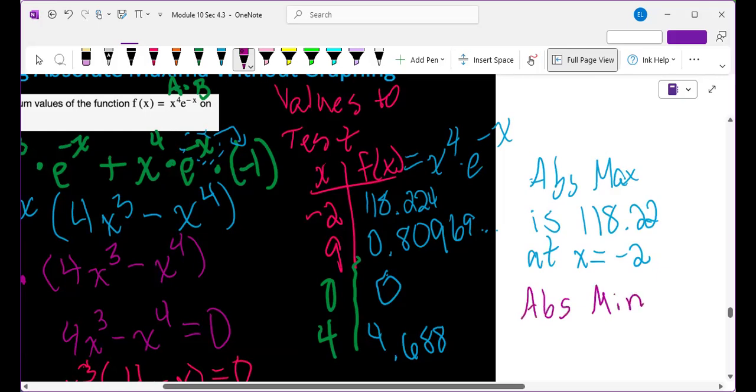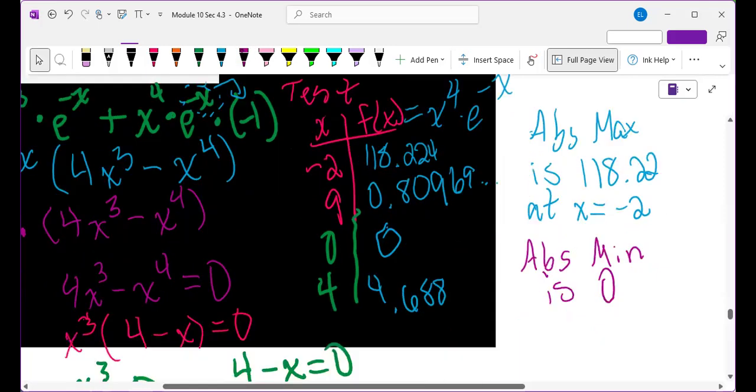Now what about our absolute min? Yep. So our lowest value is 0 and it occurs at x equals 0.